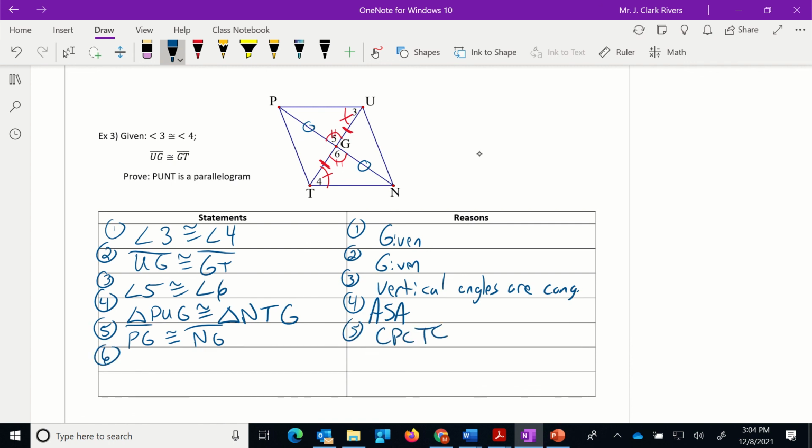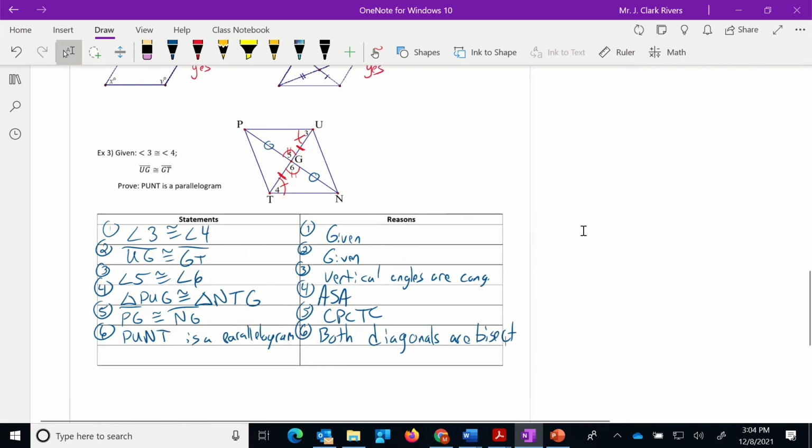And now number 6, PUNT is a parallelogram. Both diagonals are bisected. Something like that. That's not the only way to word it, but something like that. There you go. I think that's the end, right?